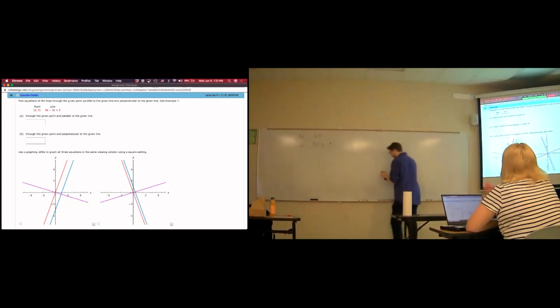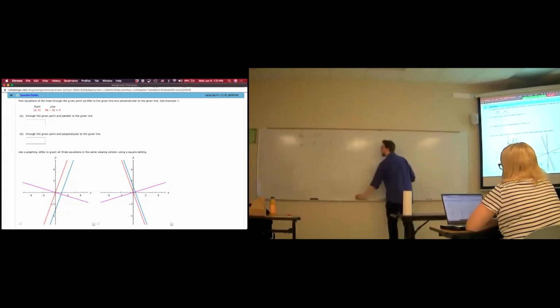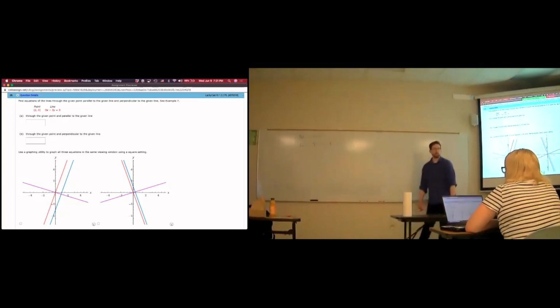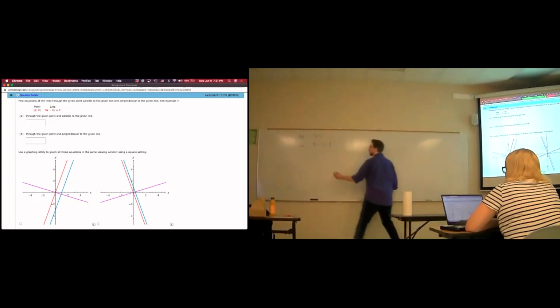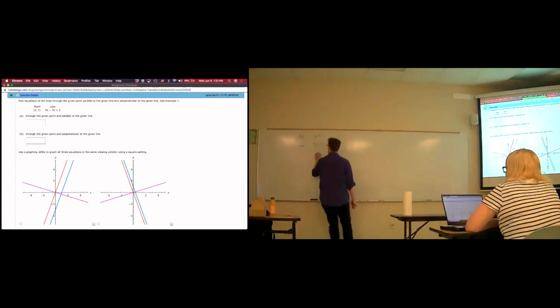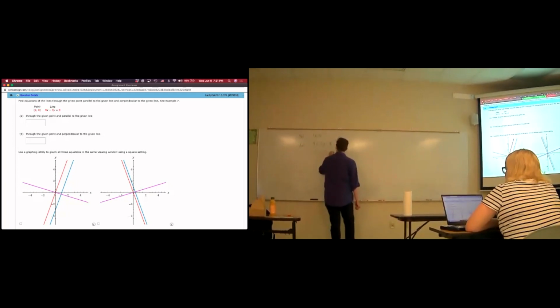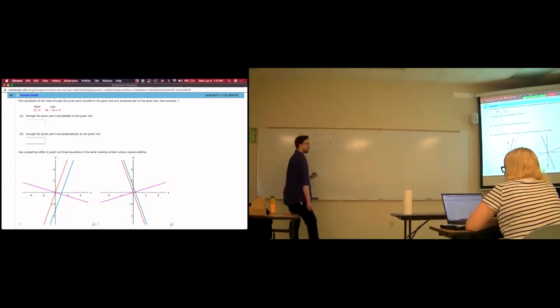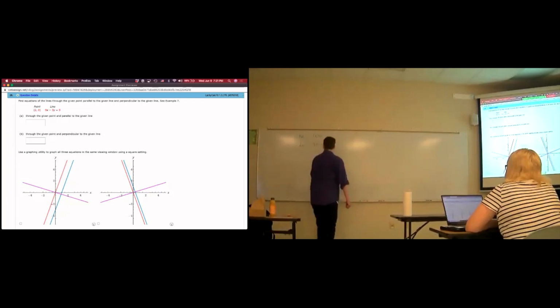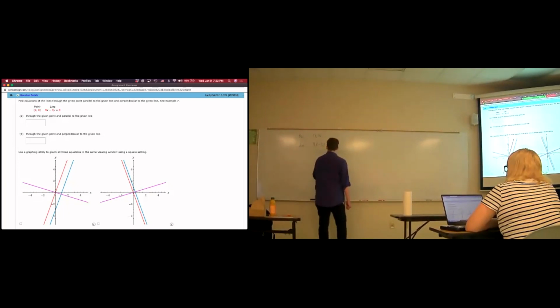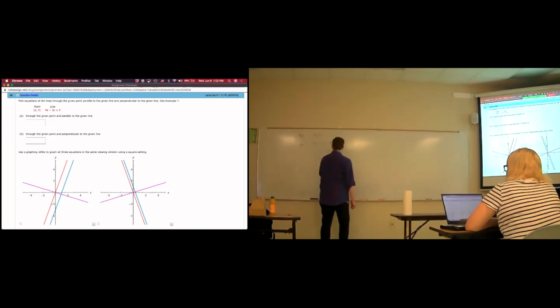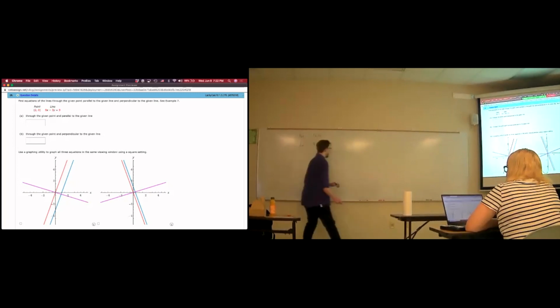All right. First things first. Let's rewrite that line. So we're going to have 9x minus 9 is equal to 3y. Divide everything by 3. And we're going to have 3x minus 3 is equal to y.